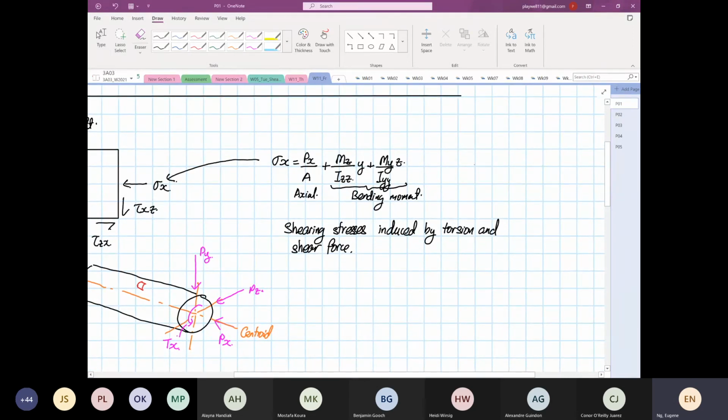Now, before I go on, if we look at stress in the x direction and I sketch the distribution, this is my stress in the x direction, and this is my radius.